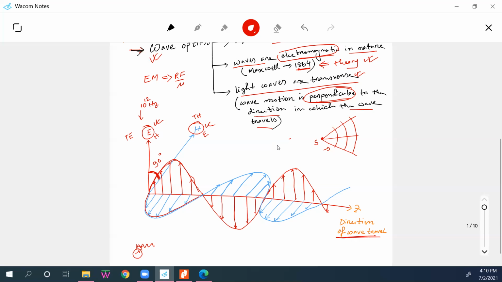For the light, the object is quite big. Still, this object is in nanoscale. All the light waves we deal with are in nanometers, and a nanometer is 10 to the minus 9, a billionth of a meter.